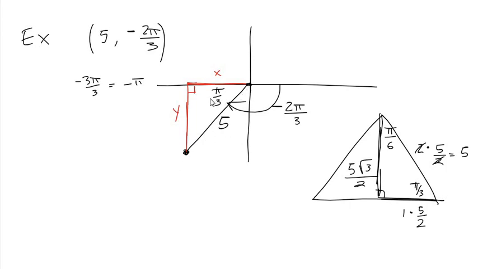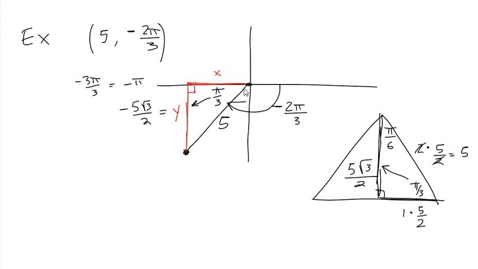Okay, now which leg is opposite from that pi over 3? Well, here's the pi over 3, and here's the leg that's opposite from it. So this distance here is 5 root 3 over 2, because it's the leg opposite from the pi over 3. And of course, this y-coordinate is negative because we're going down.